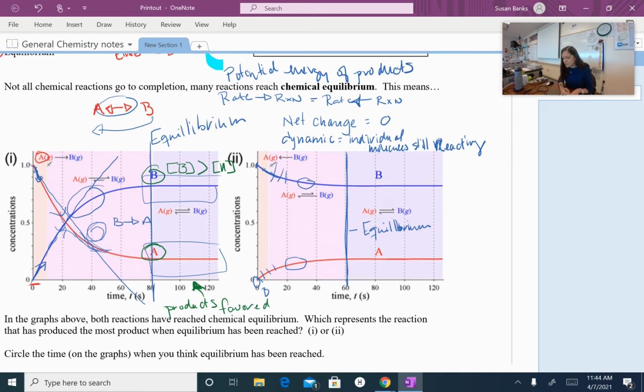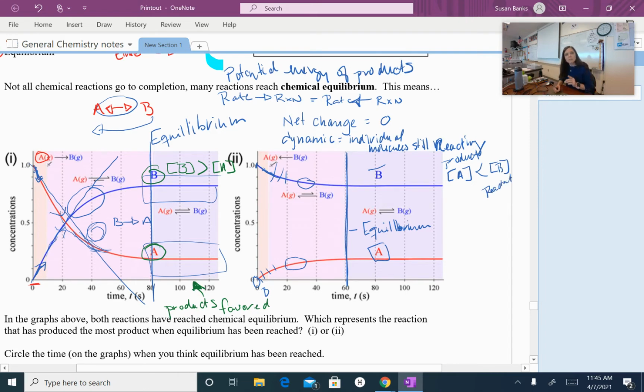Notice though, I don't make a lot of products. My product concentration here is not very big. A is actually our concentrations here. So when our concentration of our product is really low, it really tells us that my concentration of A, which is my product here, is much less than my concentration of B, which is my reactant.